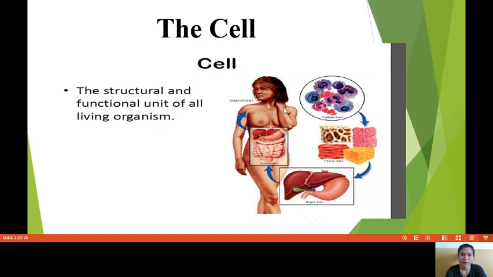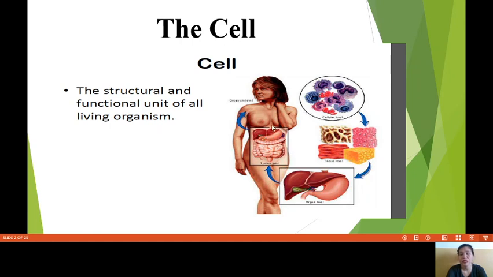So this is a human being. This is us, a person. A person is composed of organ systems. When you say organ systems, these are groups of organs that work together on a specific task. For example, in this photo, you have the digestive system.